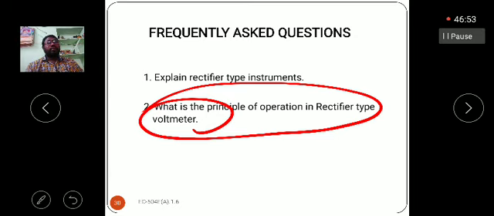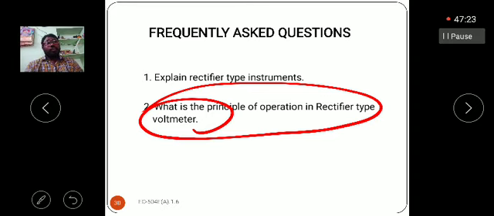They may ask this in the examinations. Another possibility is to explain the principle of operation of the rectifier type ammeter, the rectifier type voltmeter, the full wave rectifier, half wave rectifier, or the bridge rectifier. These are the possible ways the questions may be asked in the examinations.